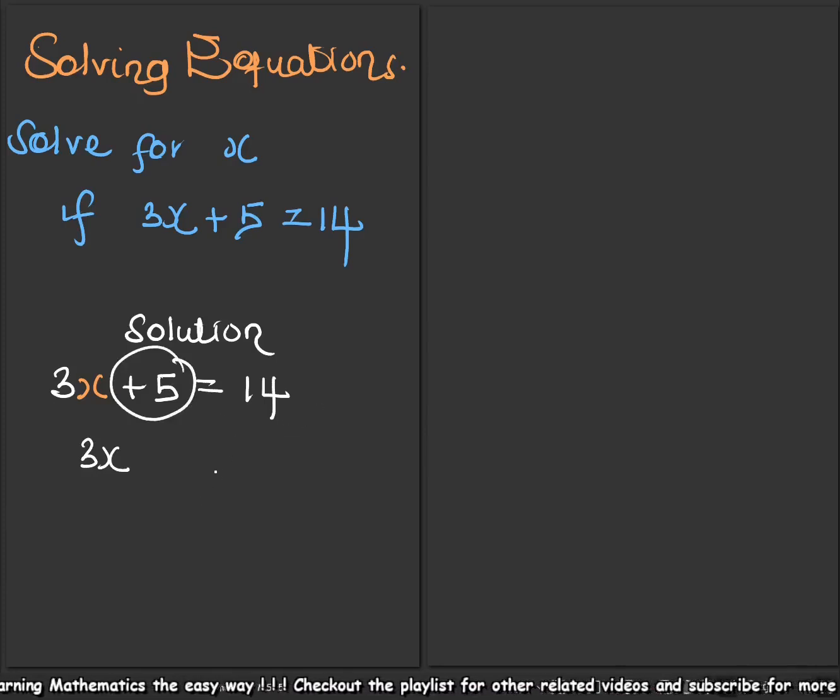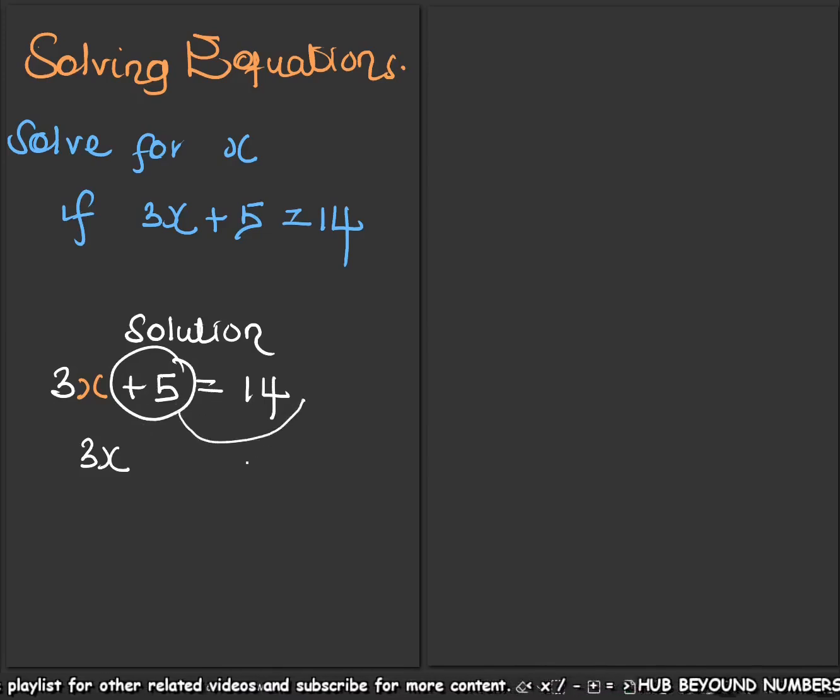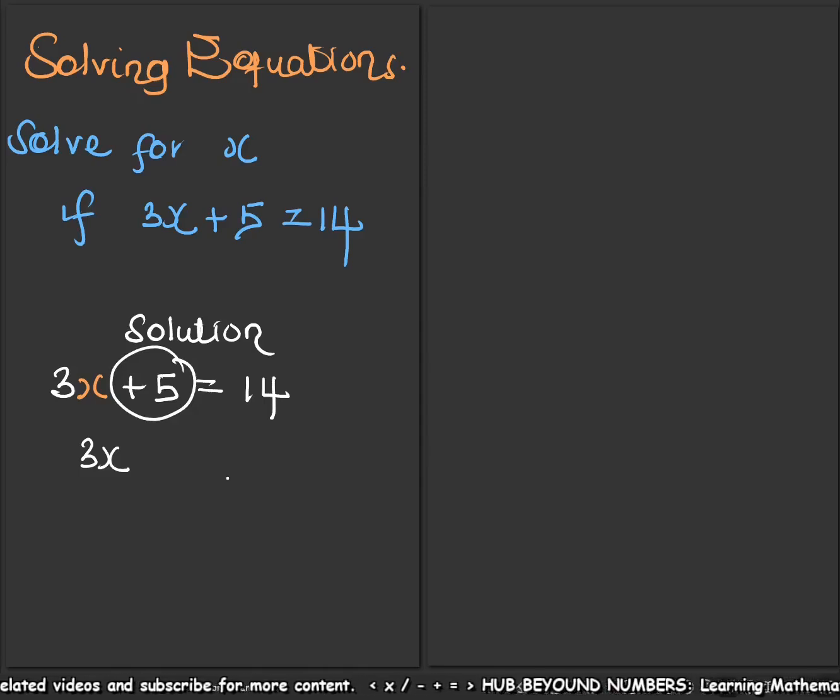It is just like the balancing method, but this time around we are not writing all the steps down. If a positive integer moves to the other side of an equation, it changes its sign to a negative. And if a negative integer moves to the other side of an equation, it changes its sign to a positive.